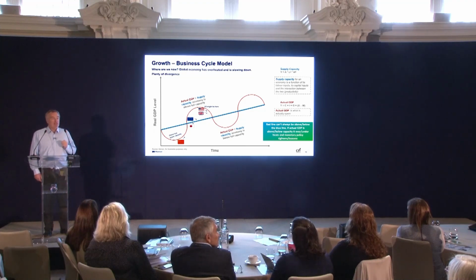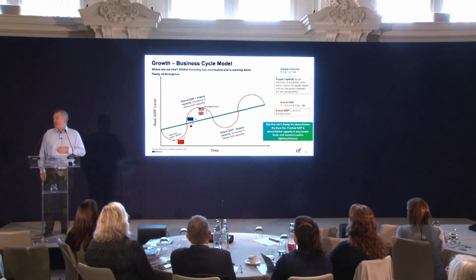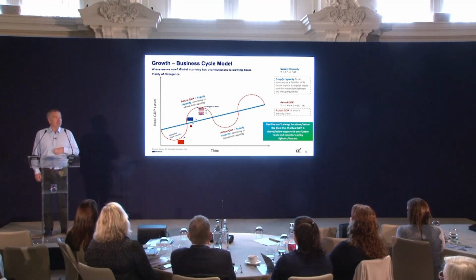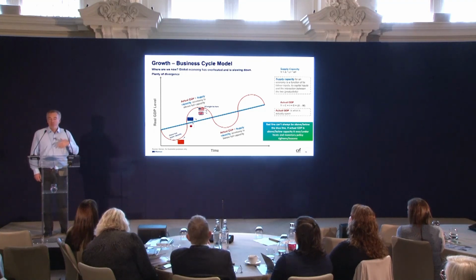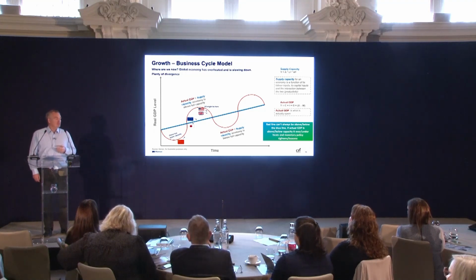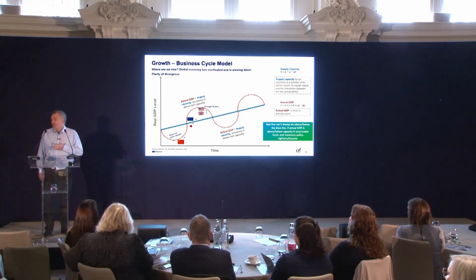Now, if you are below the blue line, so where China is there, then you will be operating below full capacity. That will mean that you will have high unemployment. You will have people not working the hours they want to work, and you will have generally falling wage growth and inflation. And from an HR perspective, it means that if you put out one job role, you'll get 50 applications.